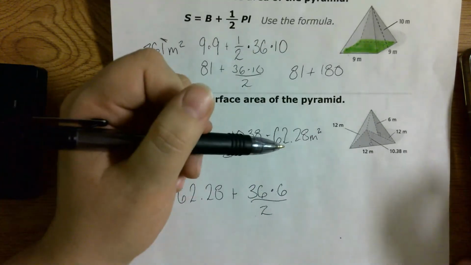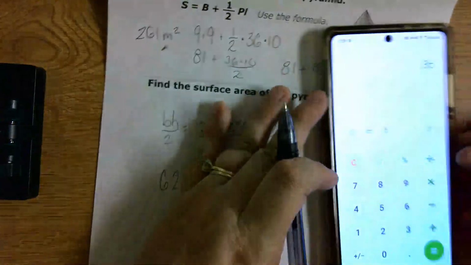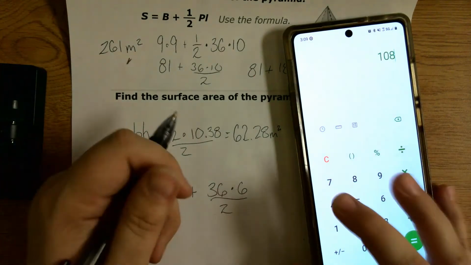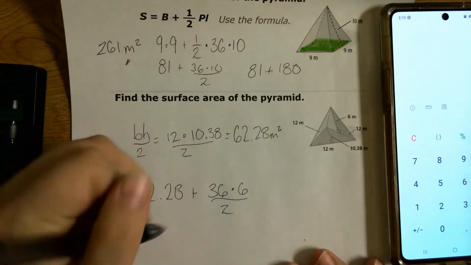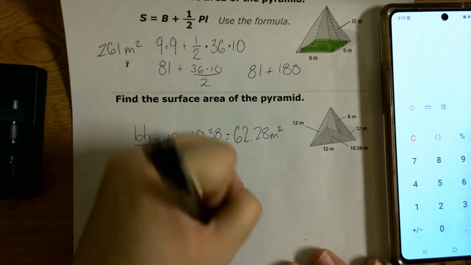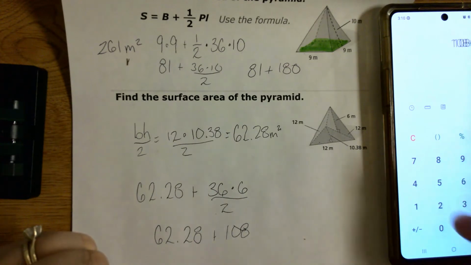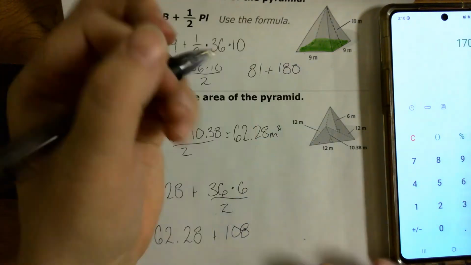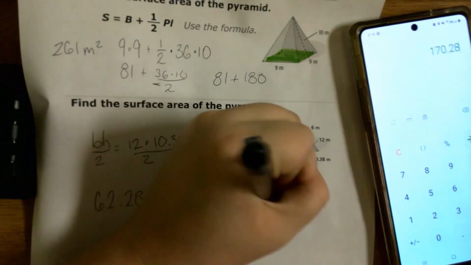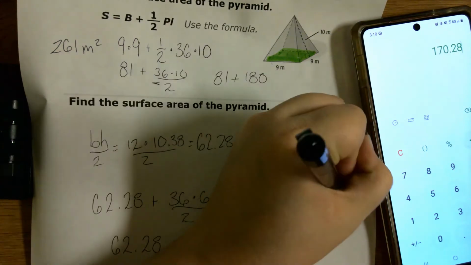So 36 times 6 divided by 2 is 108. So now I've got 62.28 plus 108, which gives me my surface area, which is 170.28 square meters.